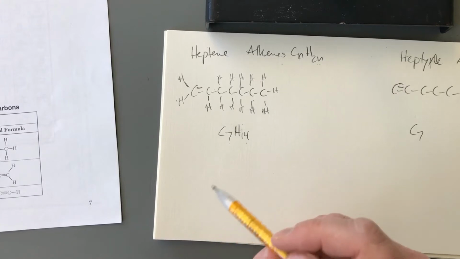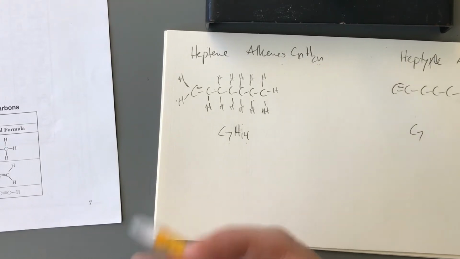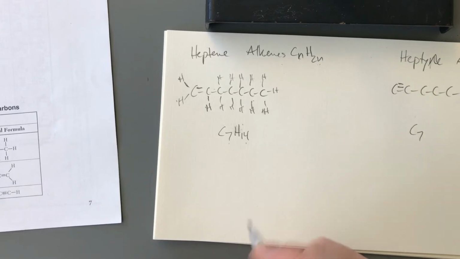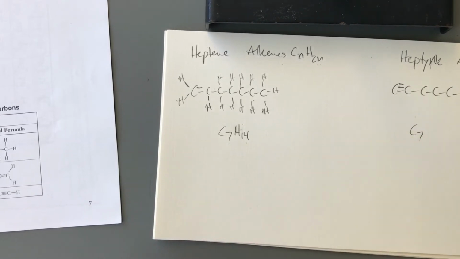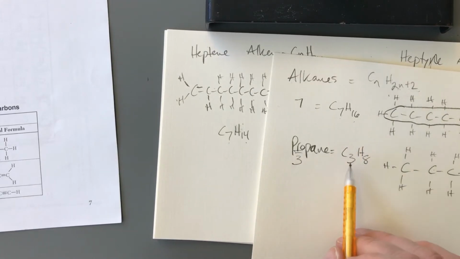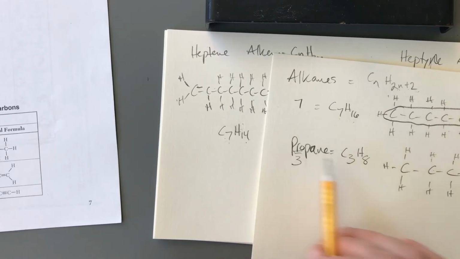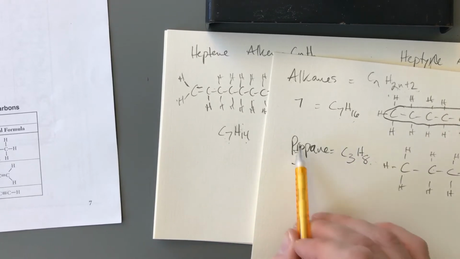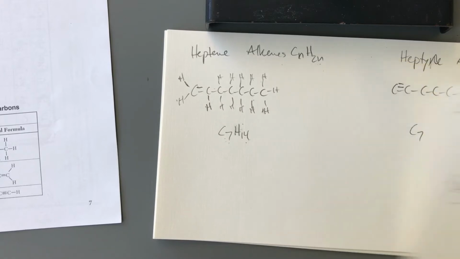You might get a question on the Regents exam that says, which 2 examples are alkenes? And you have to look at the ones that are doubled. If you get something like C3H8 and then C7H14, those 2 are not. This one is doubled, but this is not doubled. The doubling of propane would be C3H6, not H8.